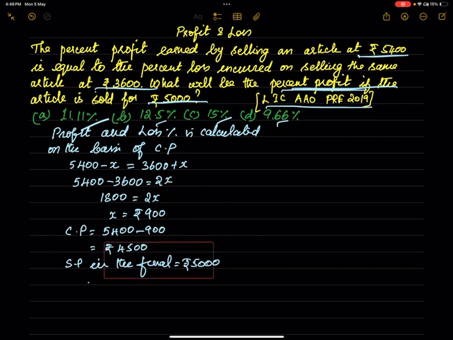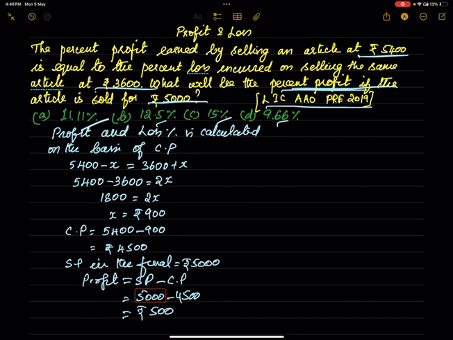What is profit? SP minus CP. CP is 4,500. 5,000 minus 4,500, that is rupees 500 is profit.